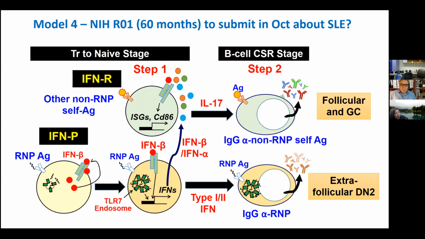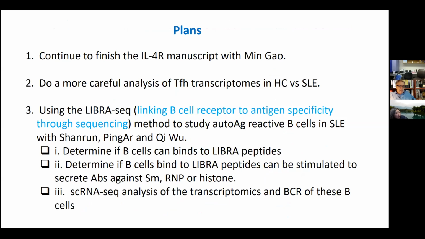But with lupus, the plans I have: I need to finish the IL-4 receptor manuscript with Mingao. And then we should do a more careful analysis of TFA transcriptome in lupus. Then we should really work hard to get this Libra-seq strategy to work, so that this will allow us to study both lupus and COVID-19.